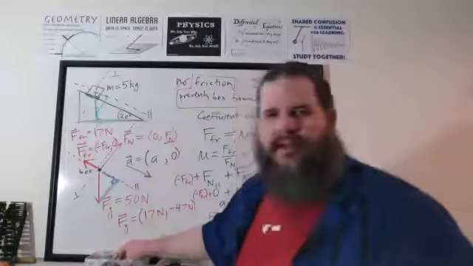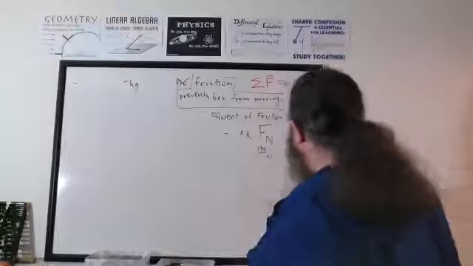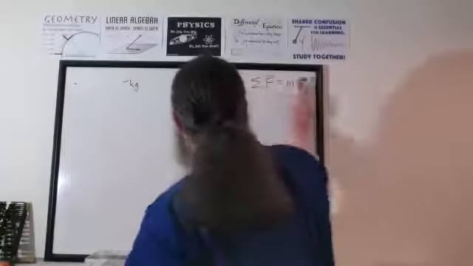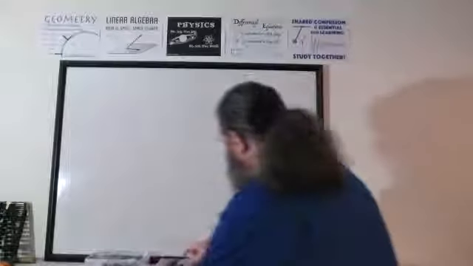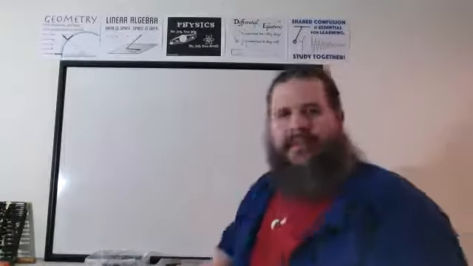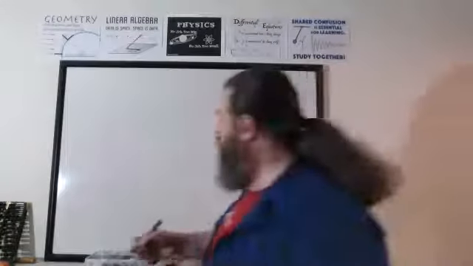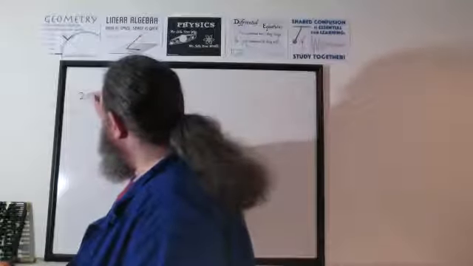And let's take a quick look at momentum as well, because that's going to be another important topic here. If you're dealing with an object, or let's say two objects, let's say you've just got a couple of rocks floating in space, so you don't have to worry about any other forces. Let's say you've got a 20 kilogram rock.